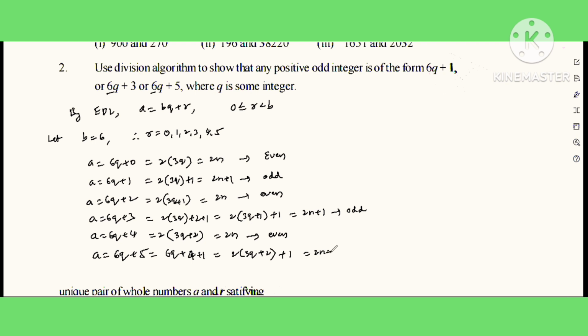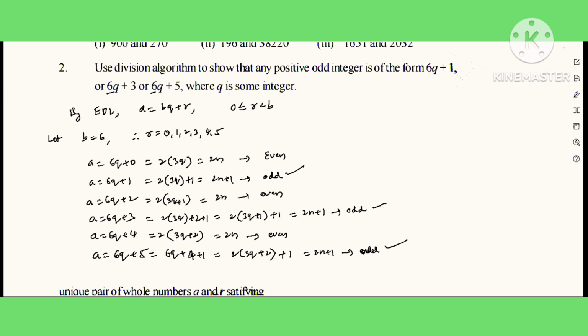That is 2n plus 1. This is even, this is odd. So we can conclude; now we can write the conclusion. Okay, you can do it in this way also. If you are not able to take all the cases, I have written all together in one line. If you write like this also, then you can score the marks.